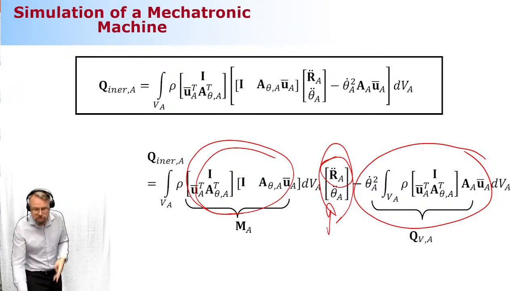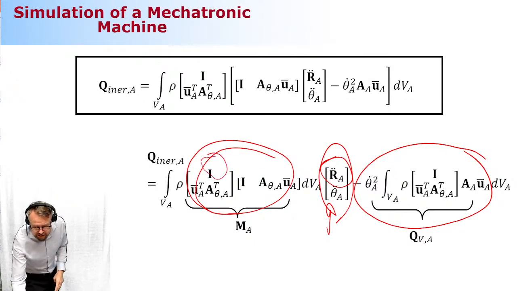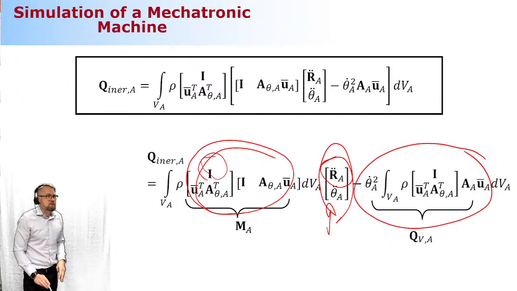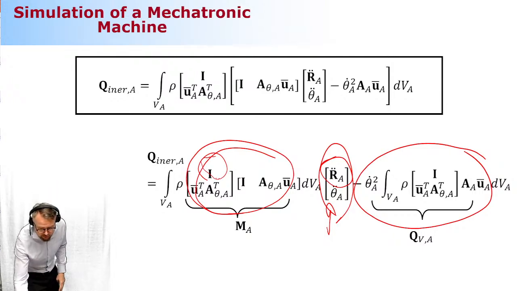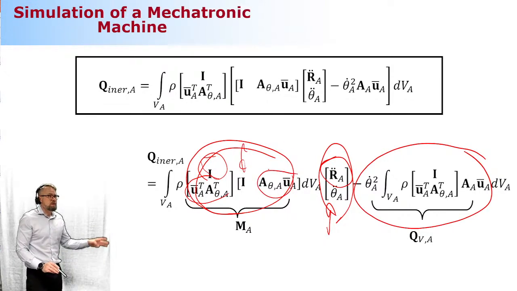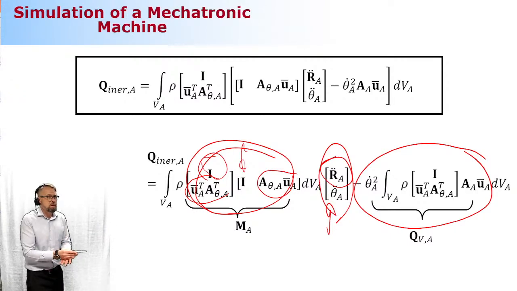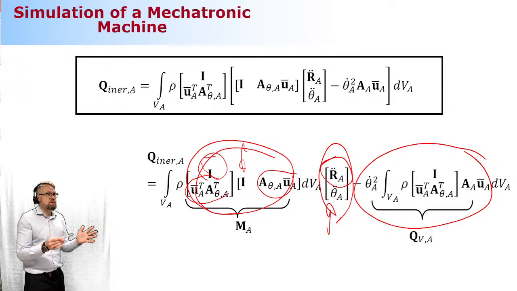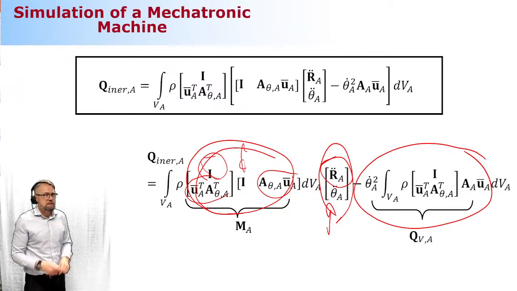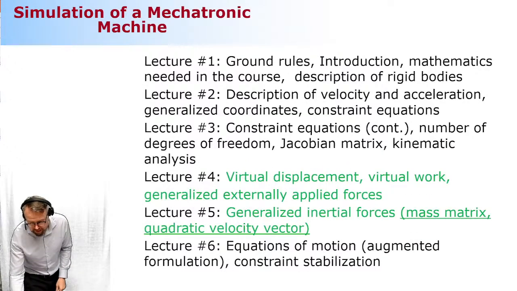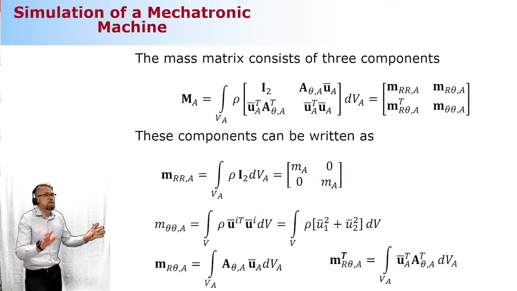So this here is the 2 by 2 identity matrix. This is a scalar quantity. These are the vectors, 2 rows, 3 columns. So they give me a matrix of 3 by 3 in dimension. That matrix is called the mass matrix. This is what I'm about to show you.